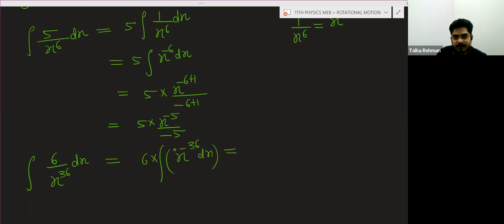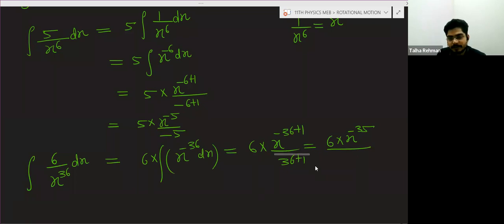So you can write this as 6 multiplied by x to the power minus 36 plus 1 divided by minus 36 plus 1.